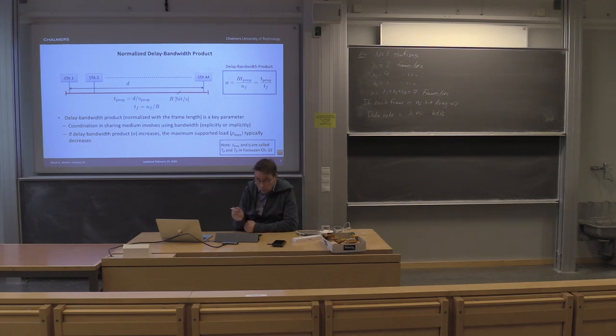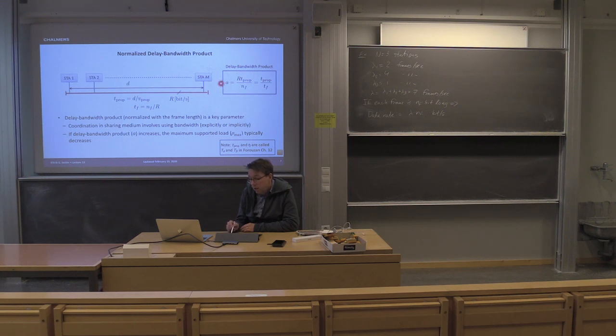So this delay is an important thing, and if we take the delay and normalize it with the time it takes to transmit the frame, then we get the delay bandwidth product that we talked about earlier. That turns out to be an important factor here also, and it has a mathematical definition.